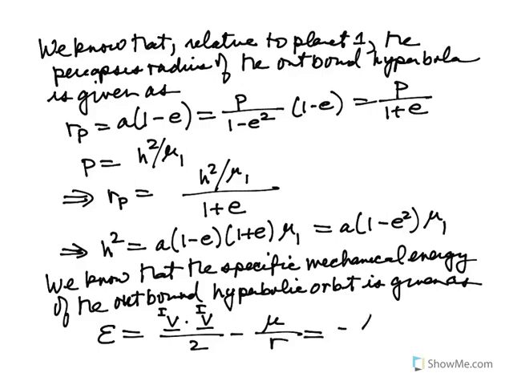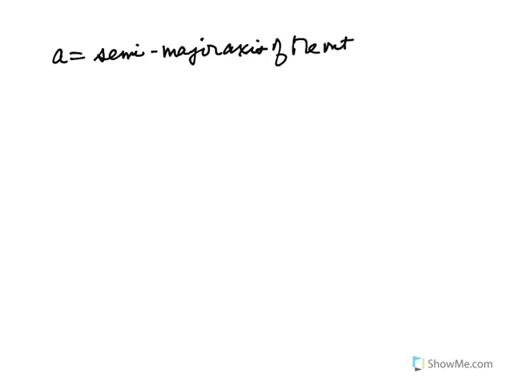And that has to equal minus mu 1 all divided by 2A, where A is the semi-major axis of the outbound hyperbola.